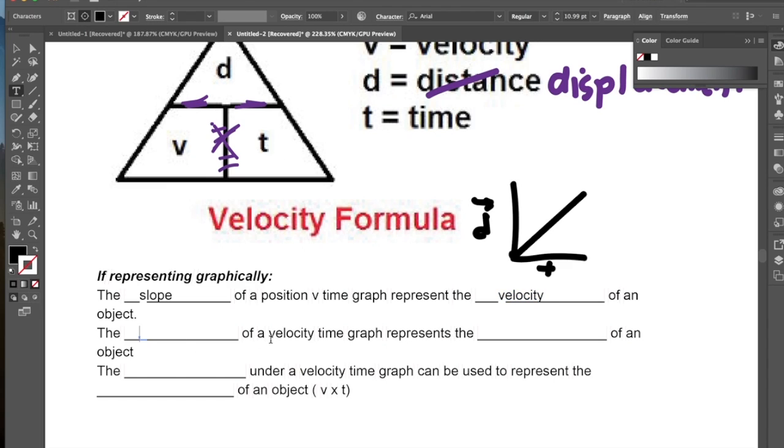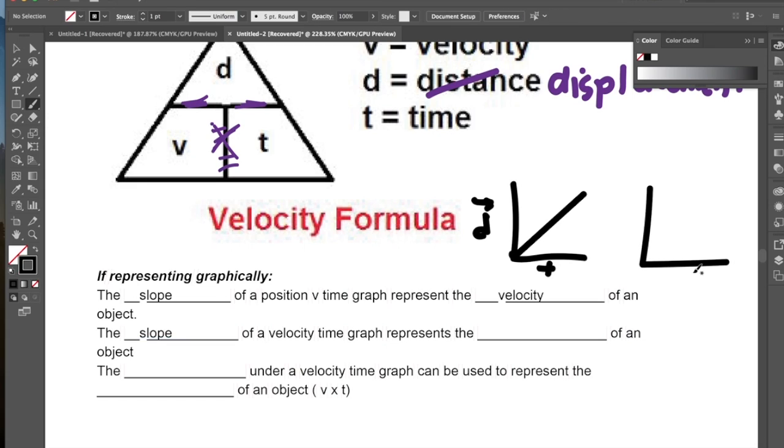Now, in a velocity versus time graph, we have time, and then the dependent variable is velocity.